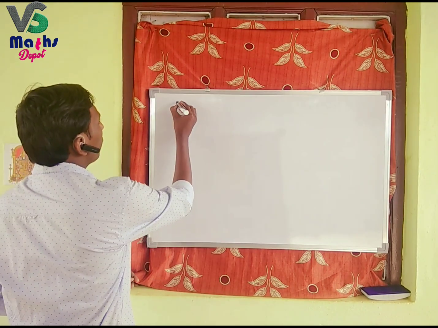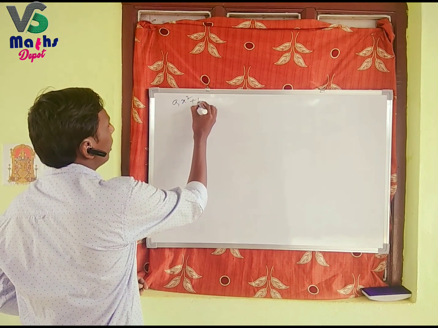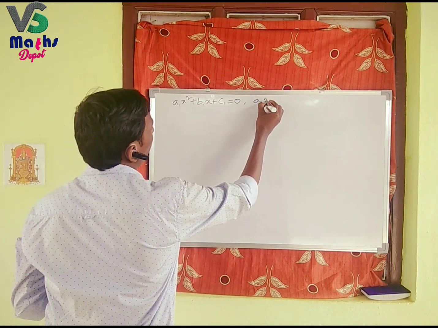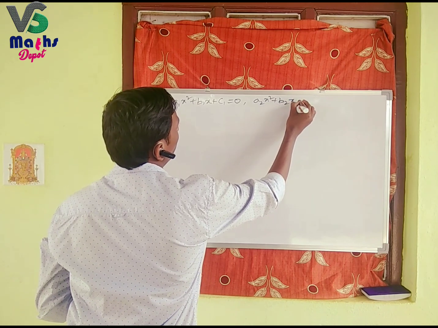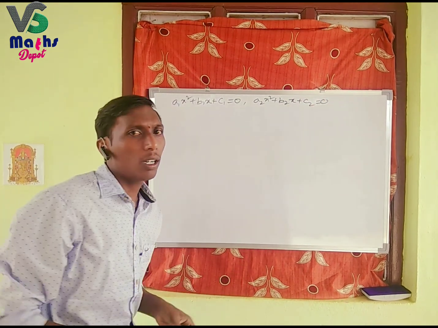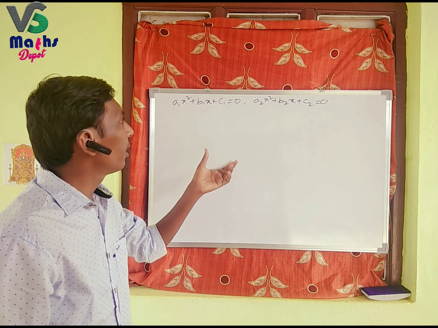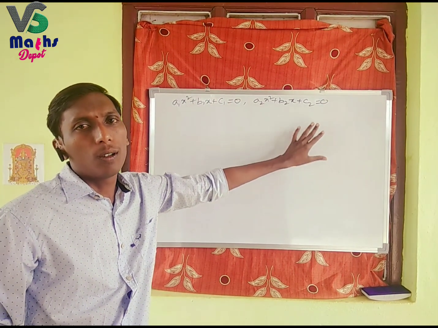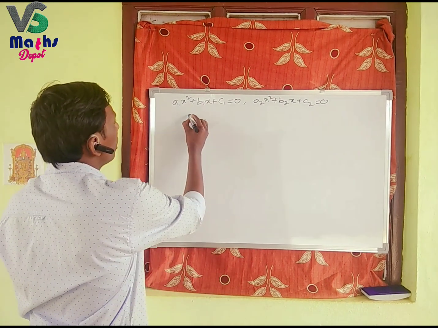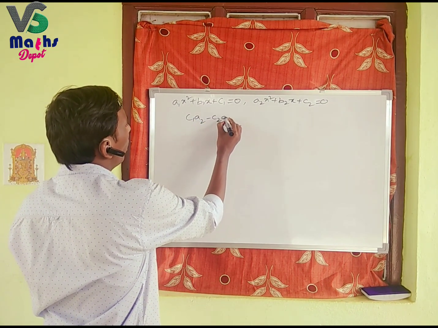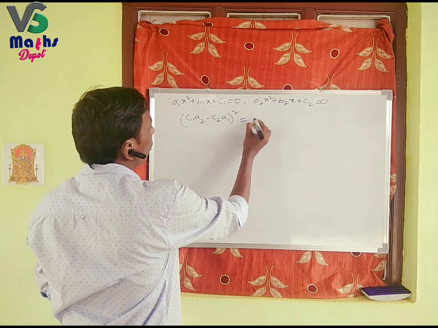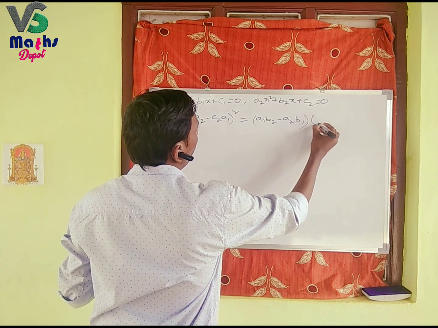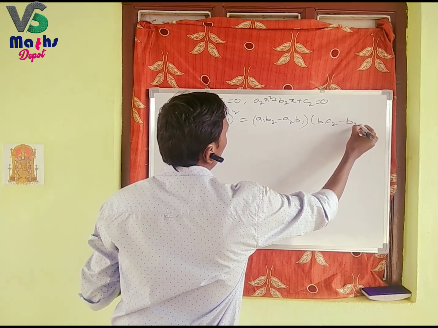First, a1x square plus b1x plus c1 is equal to 0 and a2x square plus b2x plus c2 is equal to 0 are the two quadratic equations given to us, and given that these two quadratic equations have one common root, then the condition is (c1a2 minus c2a1) whole square is equal to (a1b2 minus a2b1) into (b1c2 minus b2c1).